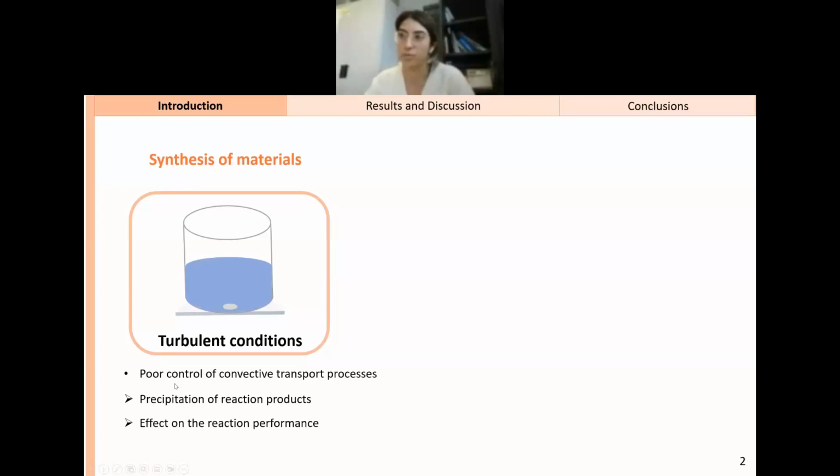This results in a poor control of convective transfer processes that sometimes can affect our reaction. Sometimes the reaction products can precipitate from the solution, and this can have an effect on the reaction performance. So to obtain these kind of materials, this process is pretty critical.